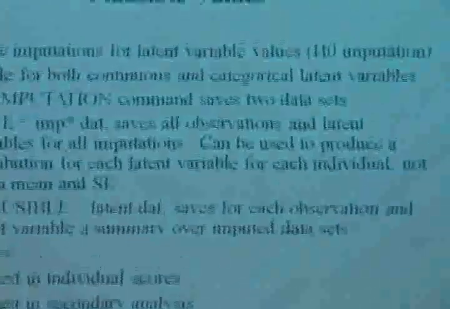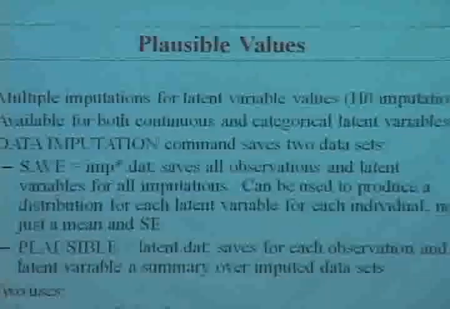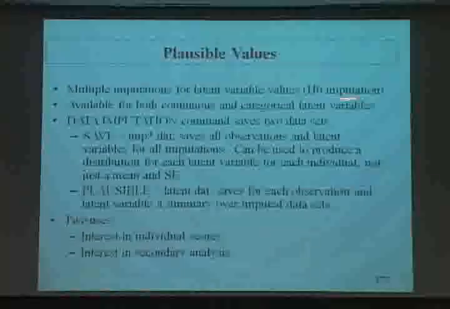So plausible values. What do we call plausible values? These are basically the imputed values for random effects. They're part of the H0 imputation that I mentioned before.